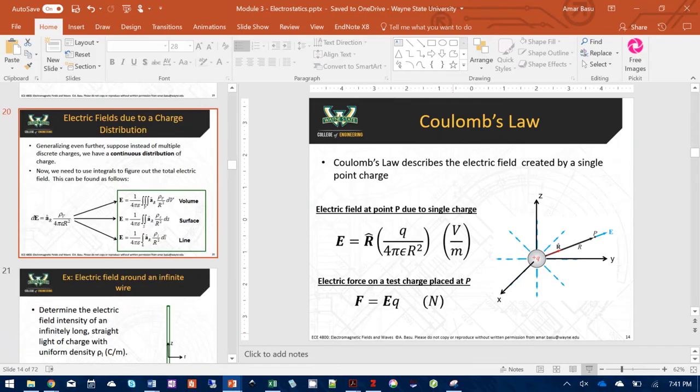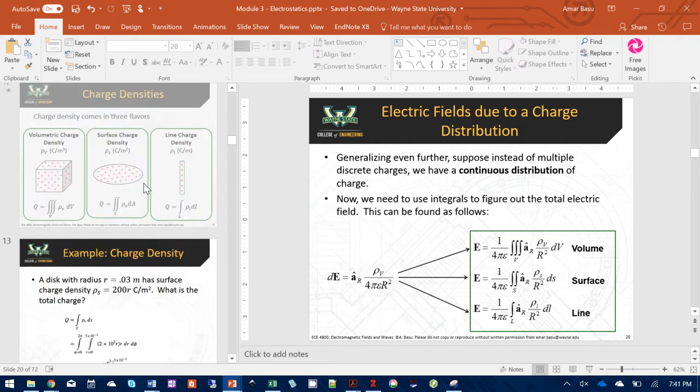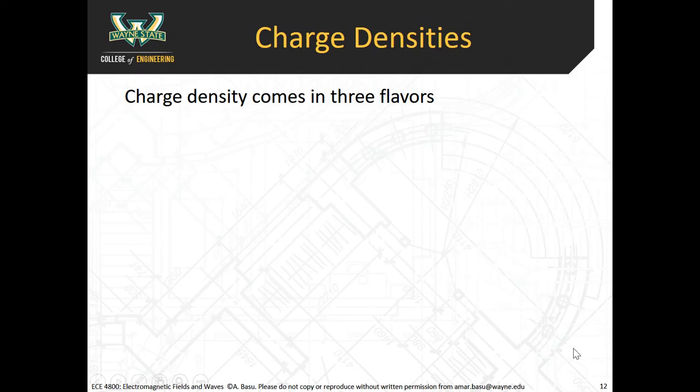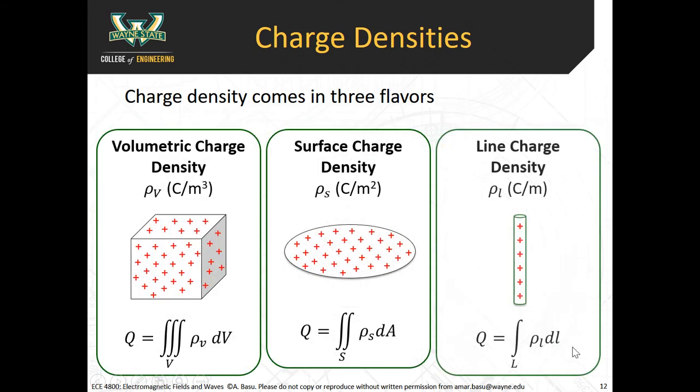And when we're talking about charge distributions, there's usually three types of charge distributions. A charge density could be given to you in terms of volumetric charge density, rho v, surface charge density, rho s, or line charge density, rho l.